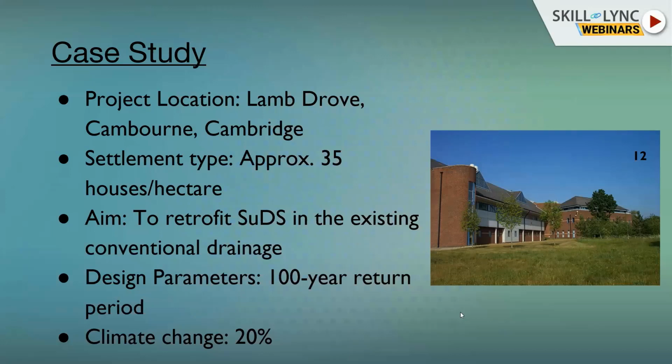So this was more complicated as everything was fixed, and on that we had to provide some retrofit solutions. The objective was to attenuate the entire rainwater for a 1 in 100 year return period rainfall event, taking 20% climate change into account.